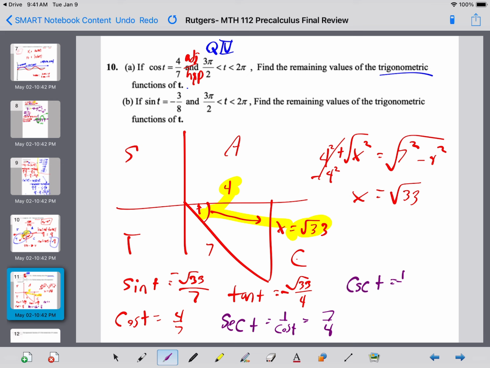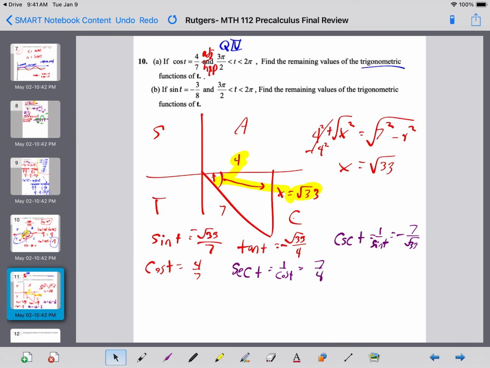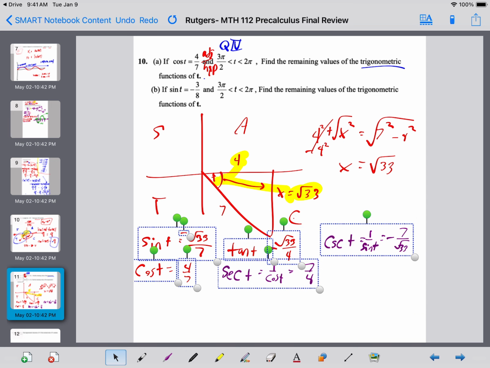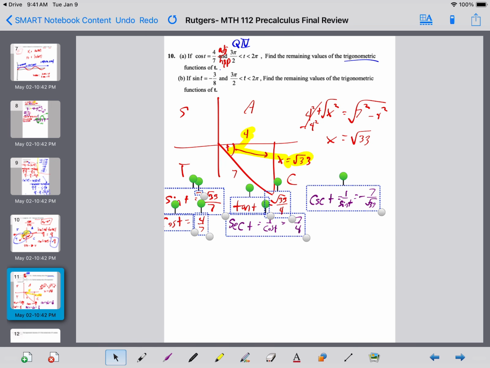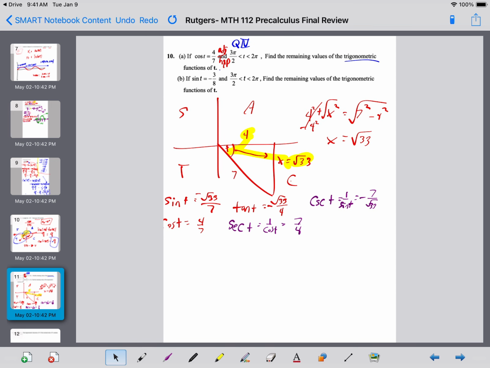Cosecant is the reciprocal of sine. So then that's going to be negative 7 over radical 33, which it seems like your teacher likes to have the answers in radicalized numerator form. So I'm going to multiply by radical 33 over radical 33, and you would get negative 7 radical 33 over 33.